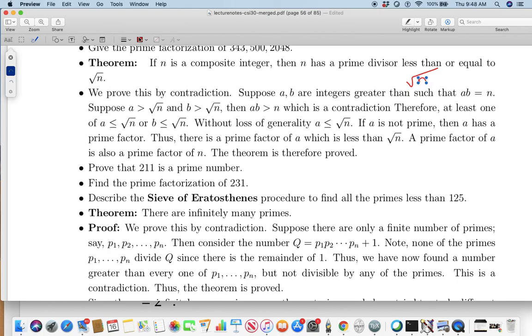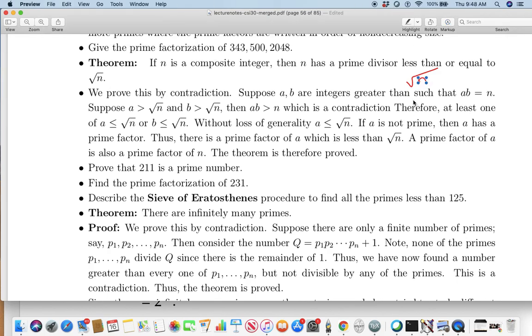Okay, so suppose you have two integers a and b, both greater than square root n, and they are factors. You see, a times b is n. If they are both greater than square root n, then a times b has to be greater than n, which is a contradiction. So, because they are factors, one of them has to be less than or equal to square root n.